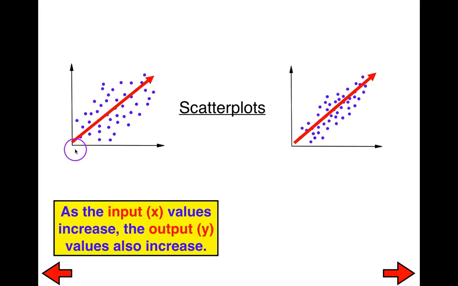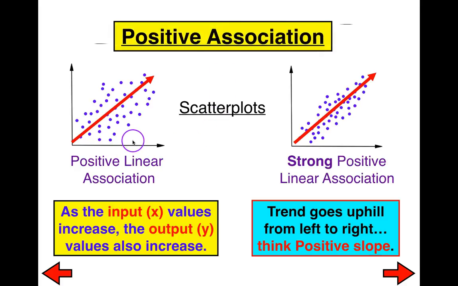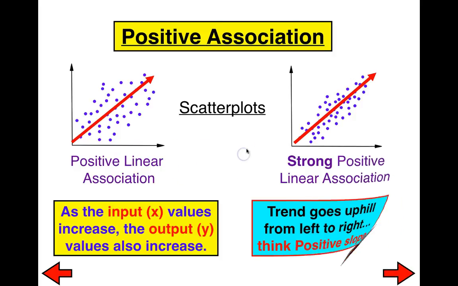In other words, as the x's increase, so do the y's. You can think of this as an uphill, which should remind you of a positive slope. So guess what? These are both called positive association. Here, definitely positive association, but since the points are more condensed near this line, I would call it a strong positive linear association in comparison especially.